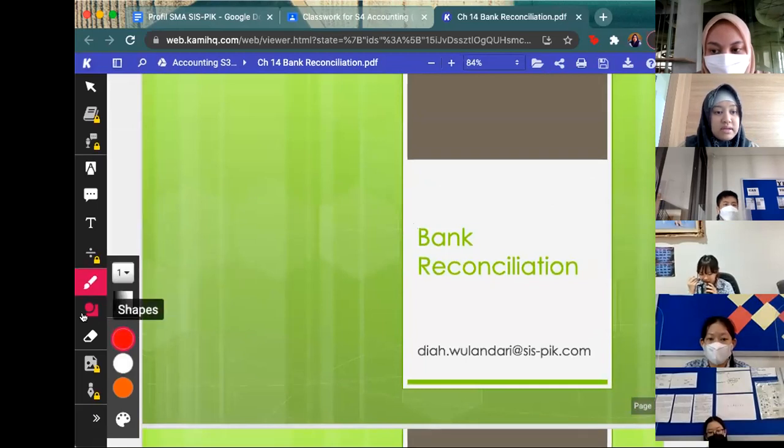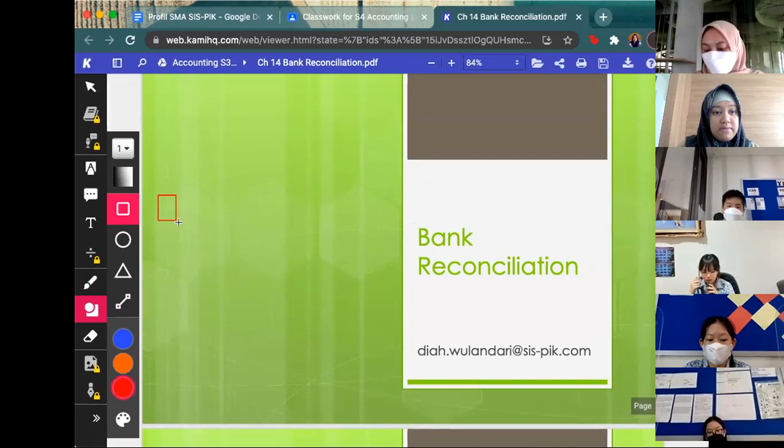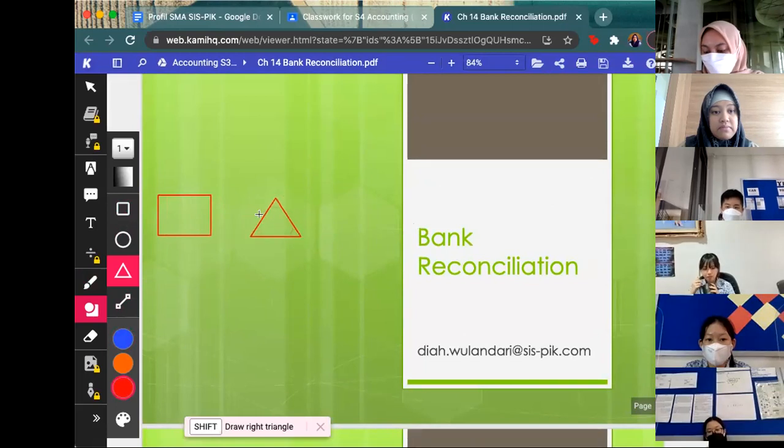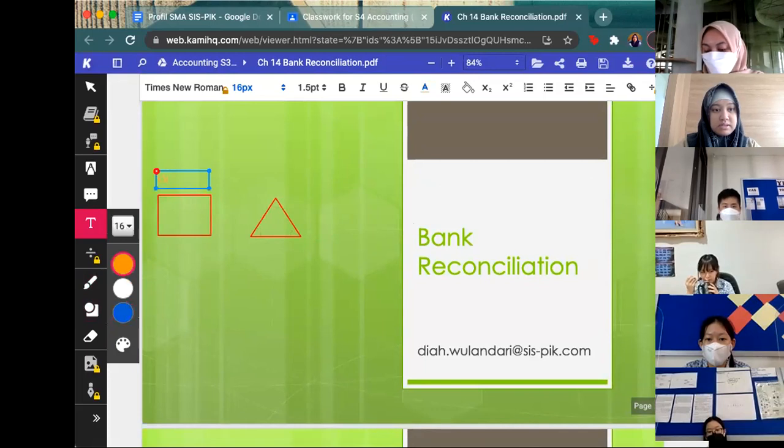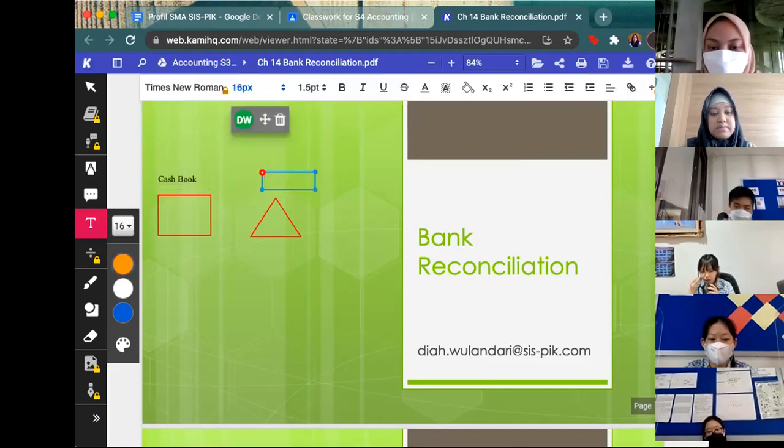So I want you to imagine that we have a cash book, we have a business over here, and we have a bank over here. This is the cash book, and this one is the bank.